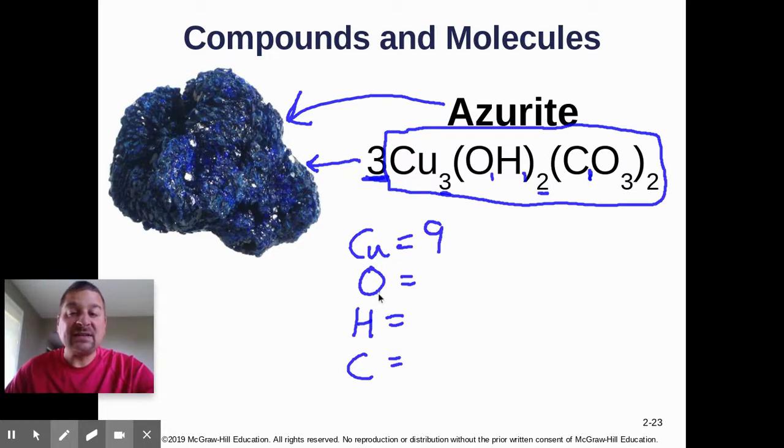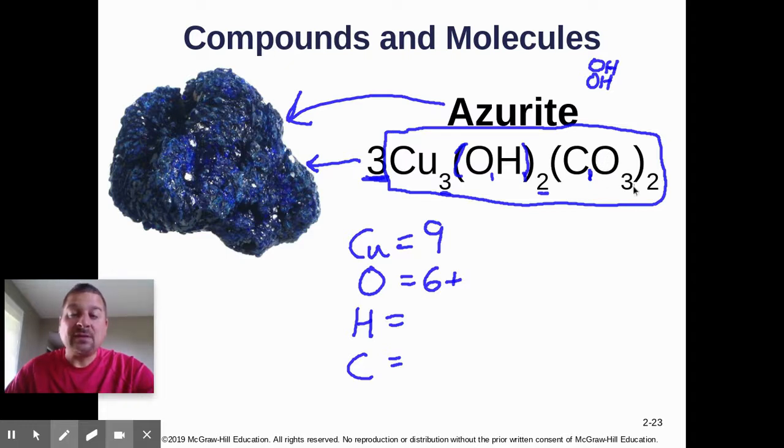The oxygen now gets a little bit tricky. In the parentheses here, you have 2 OH groups. So if you have OH and OH, how many oxygens are there? You have to multiply 2 times 1. So there are 2 oxygens, but times the coefficient of 3, that gives us 6 oxygens. But we can't forget these oxygens over here.